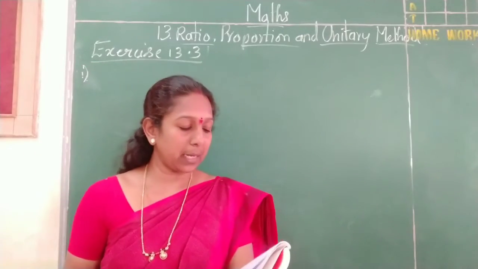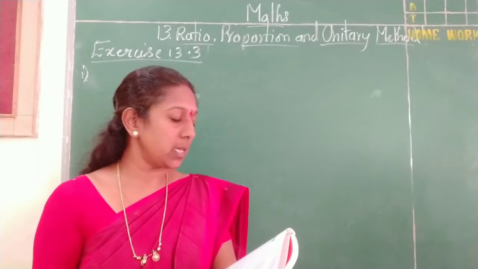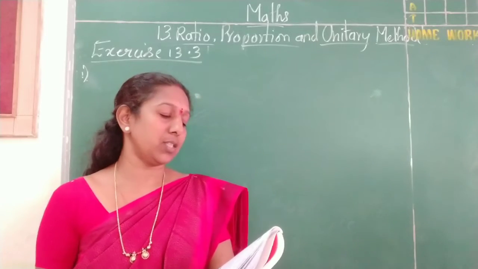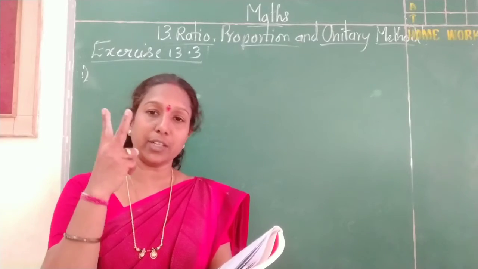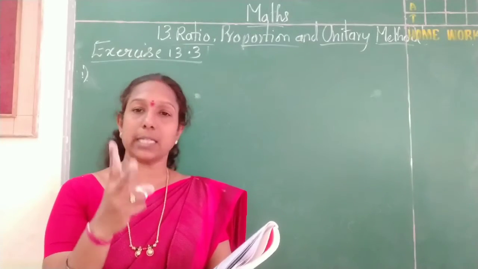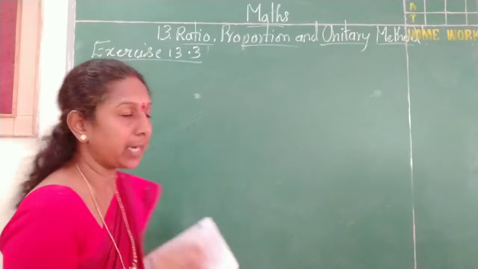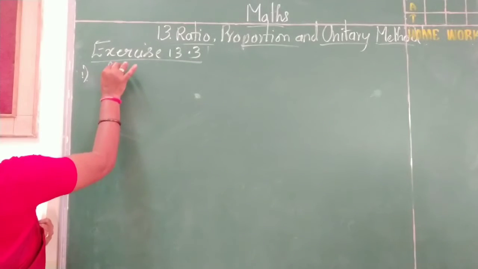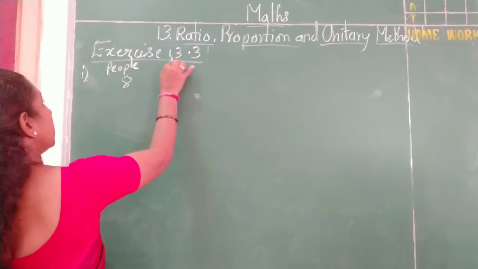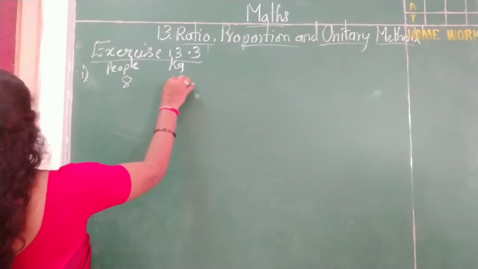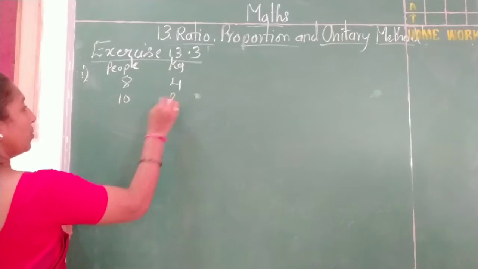If 8 people consume 4 kg of rice, how much will 10 people consume? So the number of people is given here twice: 8 people and 10 people. So I will write it first. Here people will be there, that is 8 people, and here kg is how much? 4 kg. Then 10 people how much?